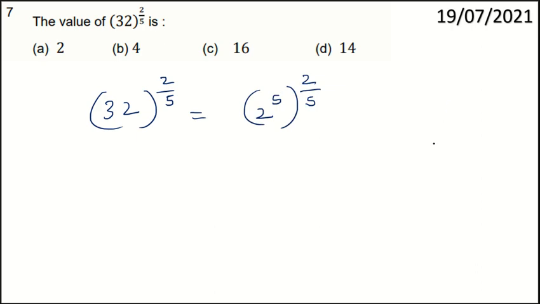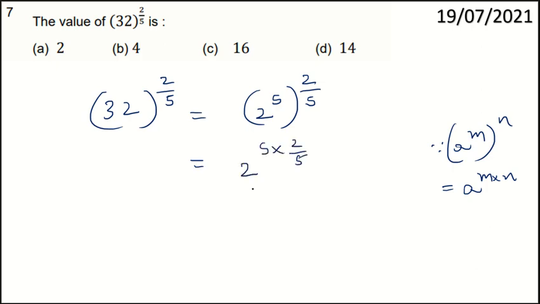Since a power m whole power n is a power m into n, I will write this as 2 power 5 into 2 by 5, where this 5 and this 5 cancel, 2 power 2 comes. The right answer is 2 square, which means 4. B is the right answer.